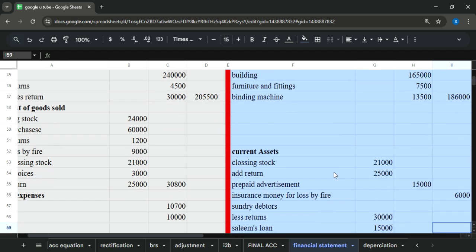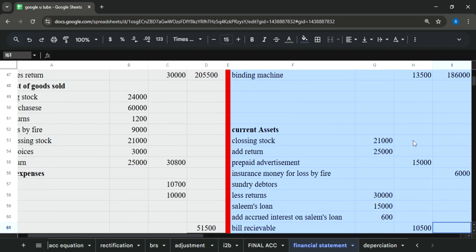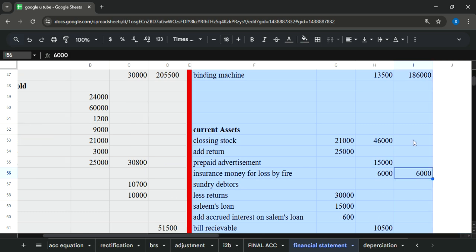Here we will see what is happening in current asset. First, closing stock, and then you will add return. This is your closing stock, and 6,000 was insurance money to be received, why had it gone away.